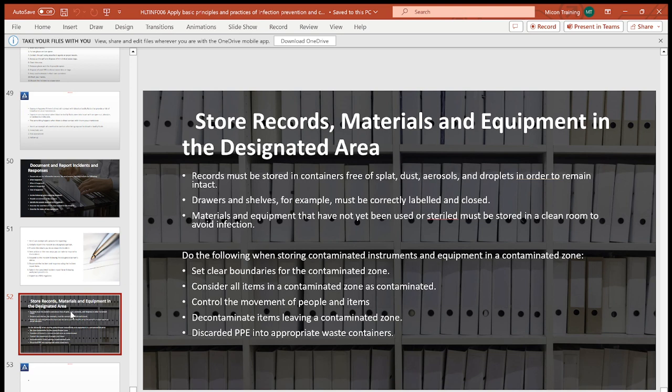Decontaminate the items leaving the contaminated zone, and discard the PPE into an appropriate waste container after you leave that contaminated zone. So whenever you are moving out of the contaminated zone, you can be rest assured that you are clean, and any equipment that is not clean can never come out of that area.